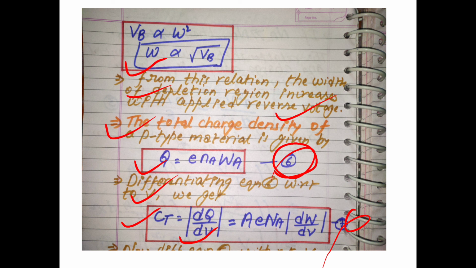So here, differentiating dQ/dV, it will be replaced by Ct = A q Na. These terms are considered constant here, so we take them as they are. Then we differentiate W with respect to V.